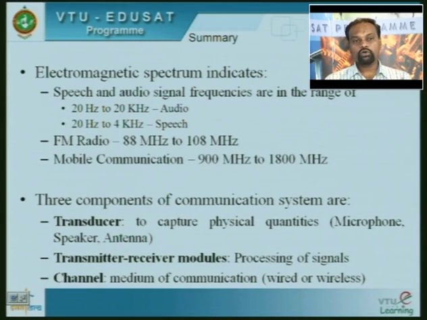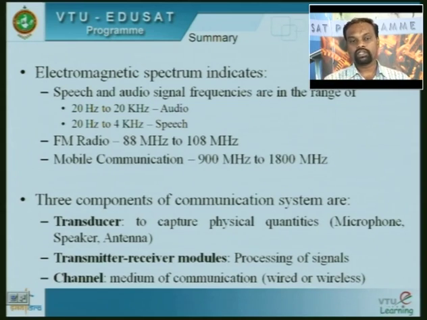So there are two transducers used at the transmitter. One is to capture a physical quantity and convert it into an electrical signal, and the other transducer is at the transmitter end, wherein we convert the electrical signal back to an electromagnetic wave. The signal now traveling over the channel will be intercepted by an antenna at the receiver, which will convert the electromagnetic wave to an electrical signal.